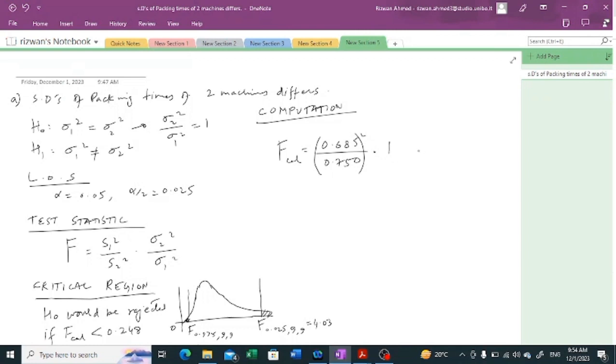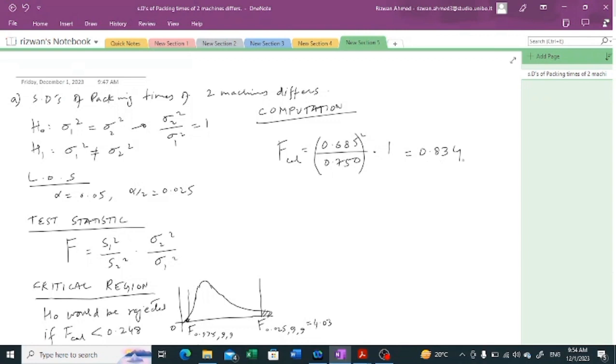So at this place we will substitute 1, and now we are going to determine the answer. So the ratio is 0.685 divided by 0.75 and raise it to square. 0.834 is the calculated value of F.